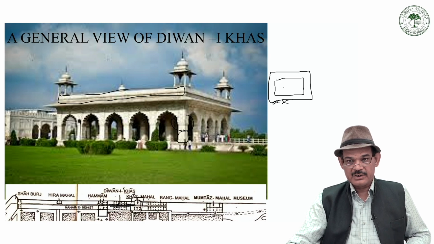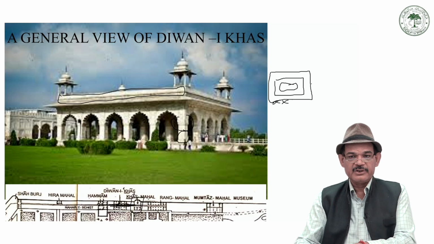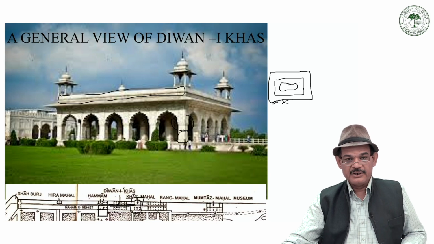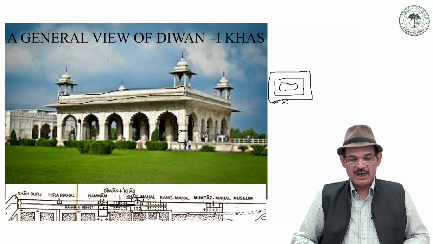In the central chamber, earlier there was a peacock throne on a marble pedestal, and beyond that we have some very beautiful inlay with a floral theme. This structure itself provides a great architectural embellishment that took place under Shah Jahan.